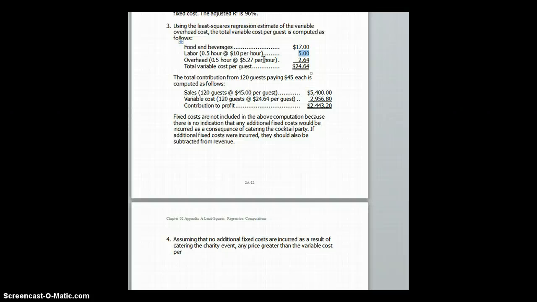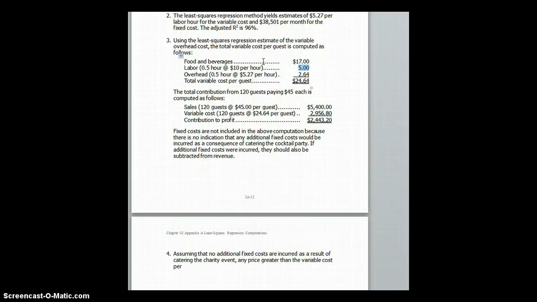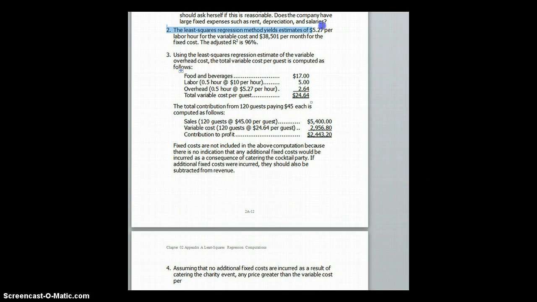Overhead is a 1/2 hour for each guest, and therefore we would take our $5.27 variable cost per hour, as we calculated up above. We calculated it using Excel, and multiply 0.5 times $5.27. We get $2.64. Added to the food and beverage and labor, altogether, $24.64.